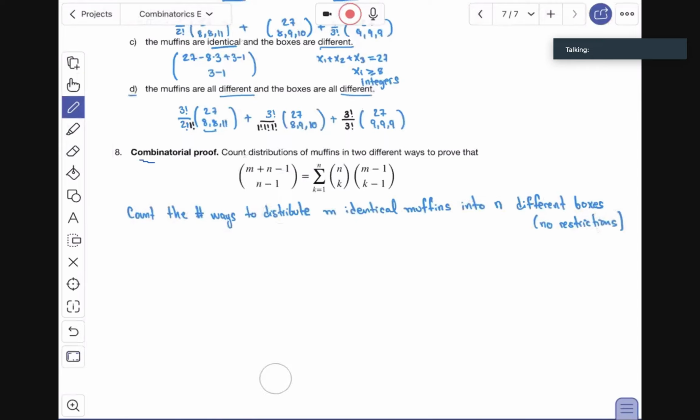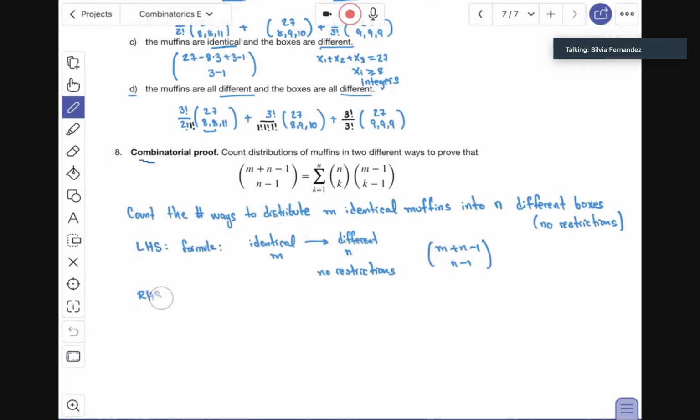So the left-hand side is just that formula for that problem: identical into n different, no restrictions. That's the formula that we have on the table.